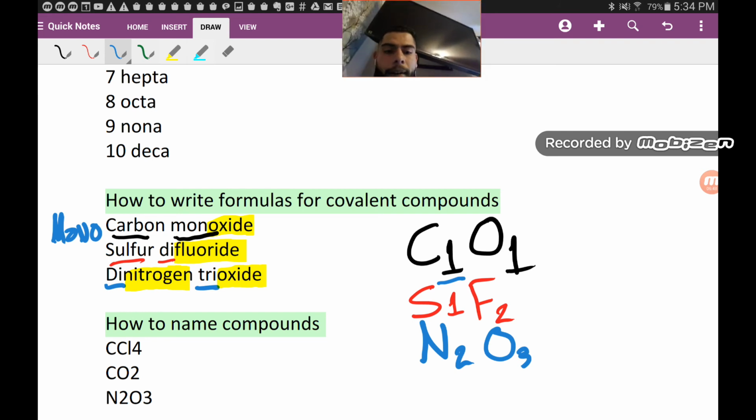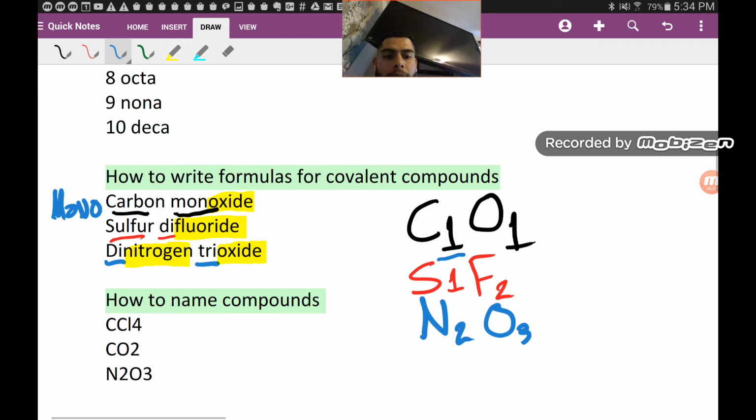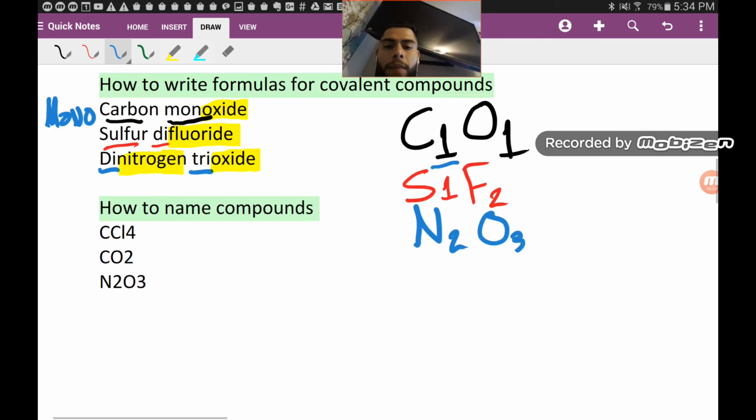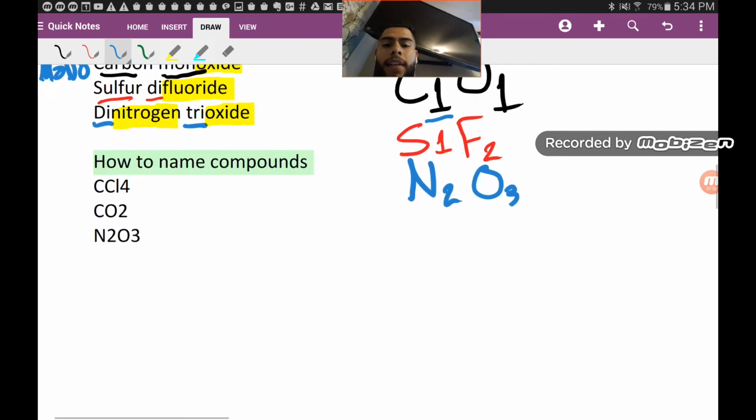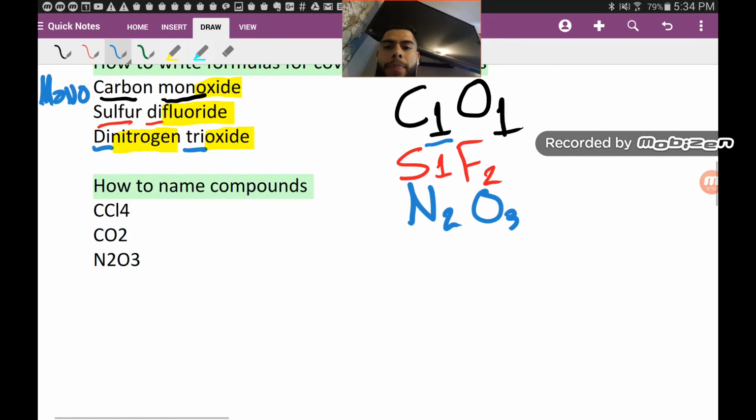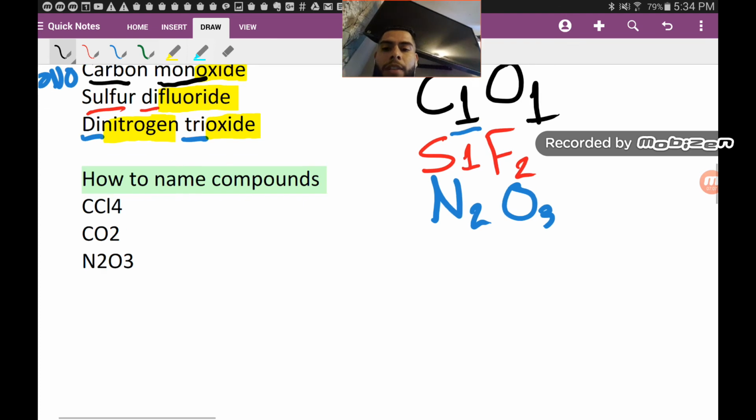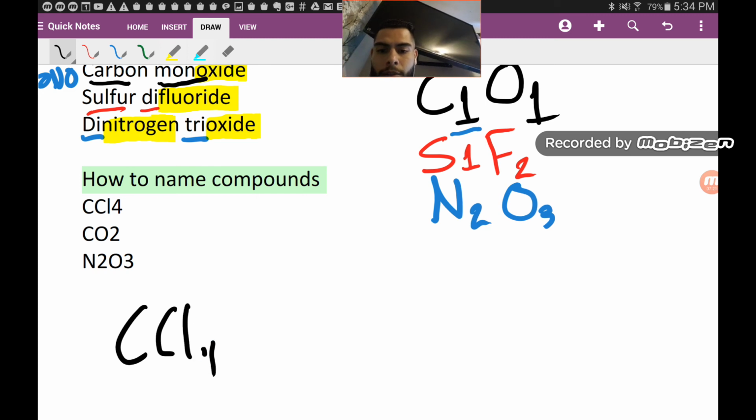All right, so let's go to the next part, which is how to name compounds. So now we're given the formulas, and we have to write their names. Usually in the formula, you will have subscripts. In this, I cannot edit the numbers to make them small, so this will be CCl4.